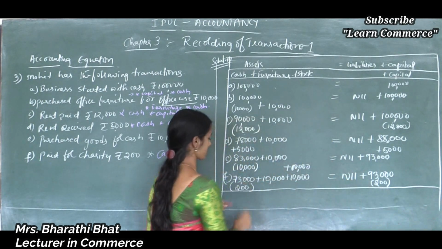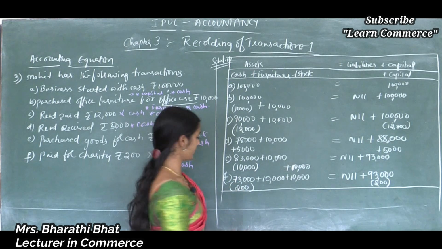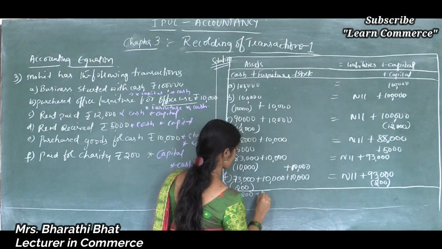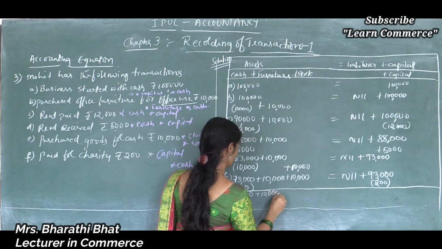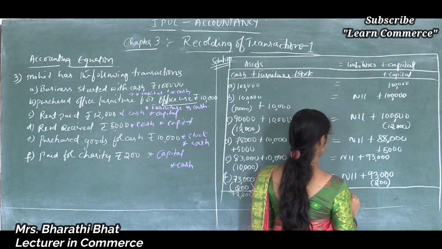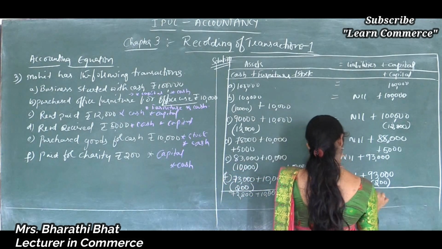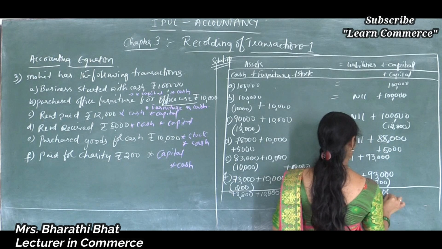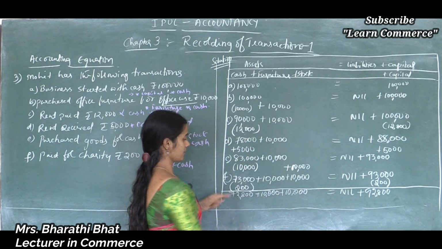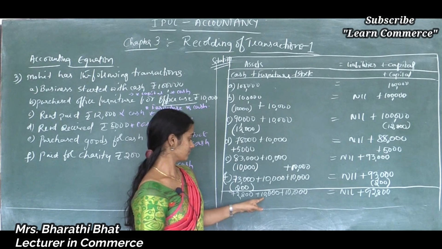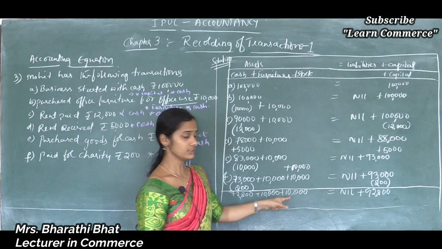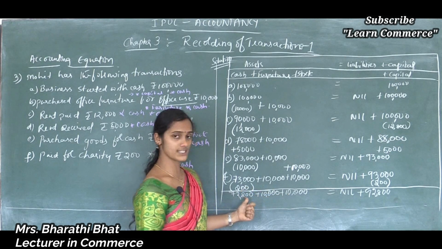So now 73 minus 200, 72,800 plus 10,000 plus 10,000 here, nil, 92,800. 72 plus 10, 82,000 plus 10,000, 92,000 plus this 800.